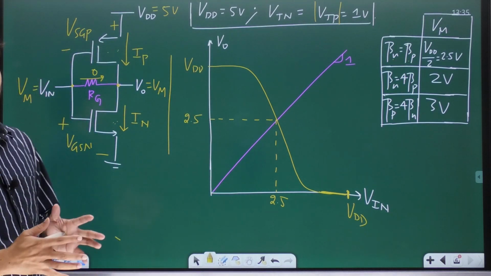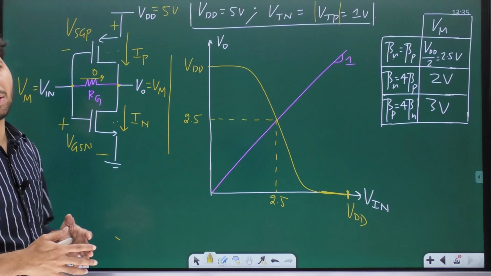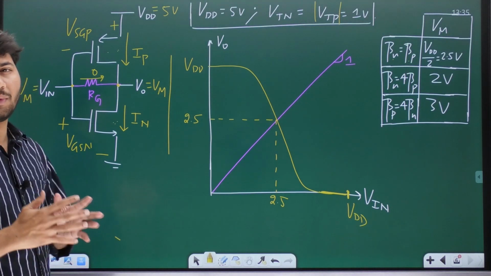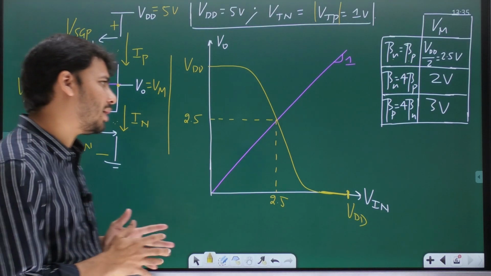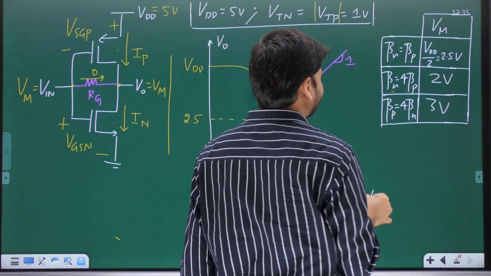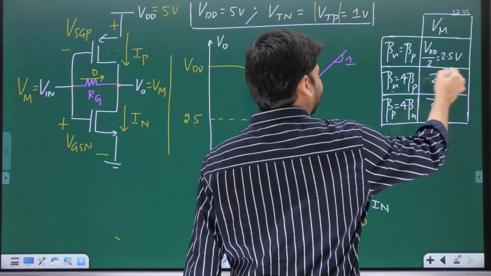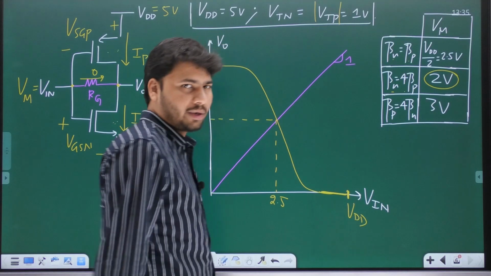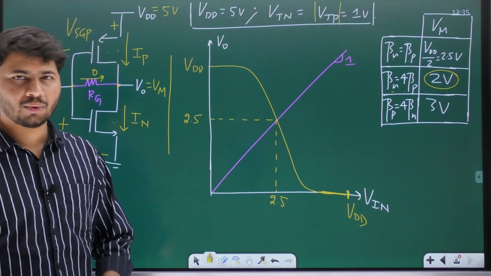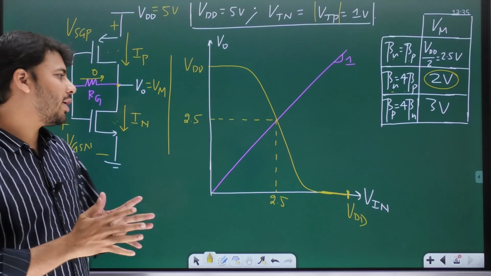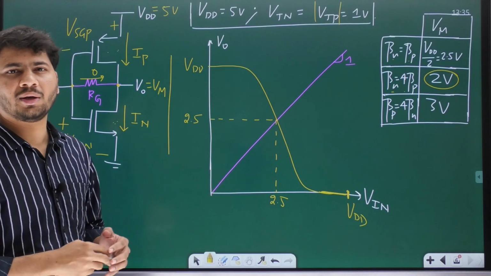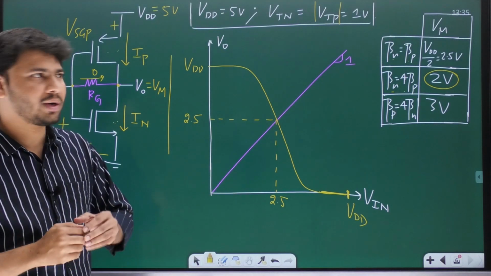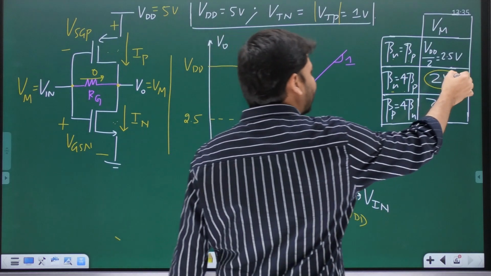Now let us plot the voltage transfer characteristic for the second case where NMOS is 4 times stronger than PMOS, or beta N equal to 4 times beta P. In this case, has the switching threshold not reduced from 2.5 to 2? That means the point of intersection between the straight line V naught equal to Vin and the voltage transfer characteristic is now 2 comma 2.